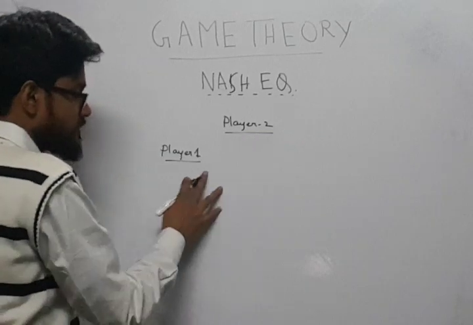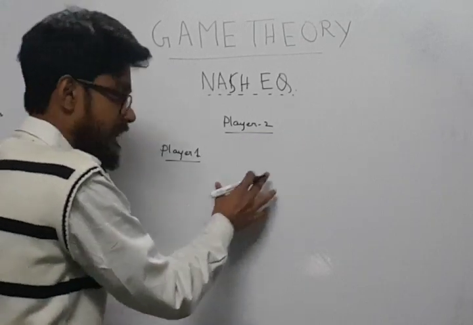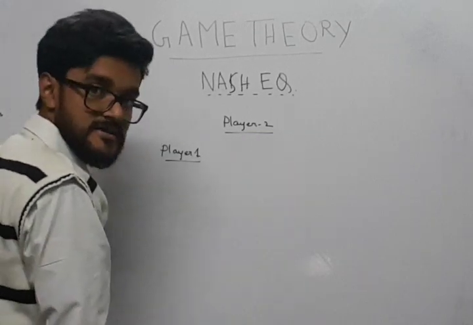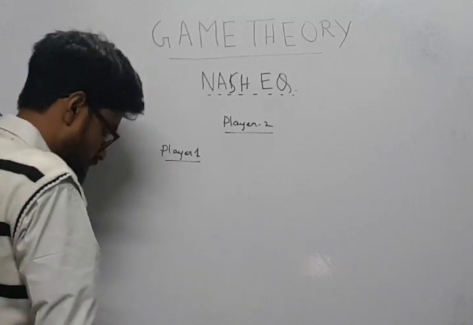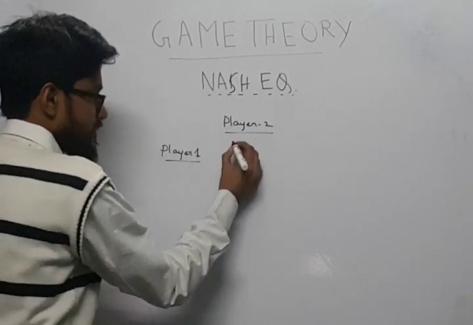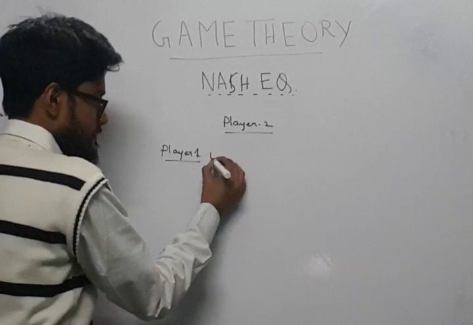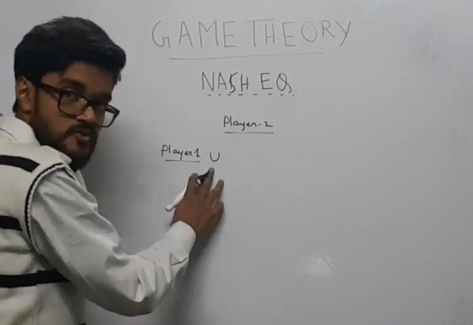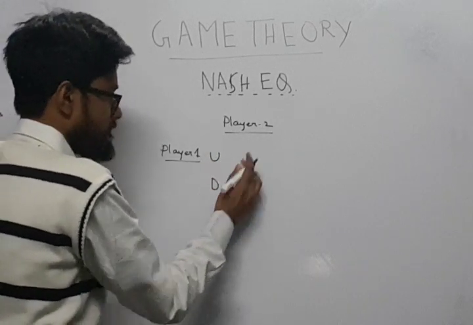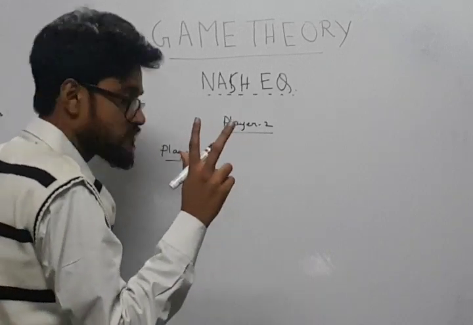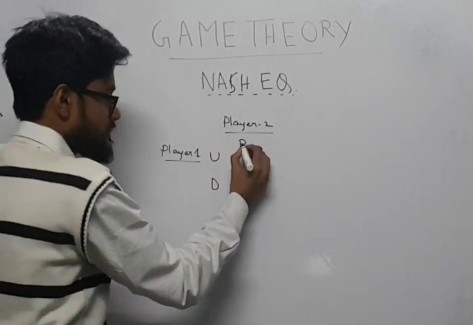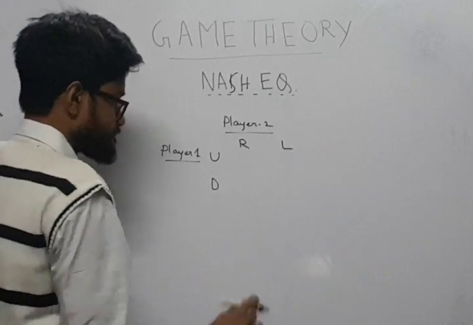We'll write down the strategies of these two players. Player 1 has two strategies, which we have denoted by U and D, and player 2 has two strategies. One is right, another is left.